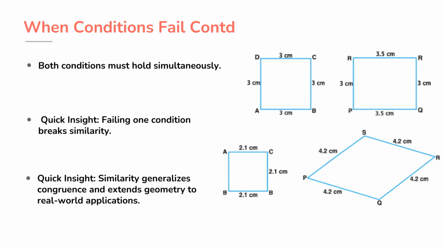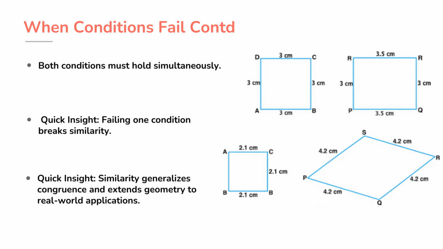And here's another deeper thought. Congruence is just a special case of similarity where the scale factor is 1. So similarity not only generalizes congruence, but also extends geometric ideas to real-world applications like scaling models, maps, and even computer graphics.